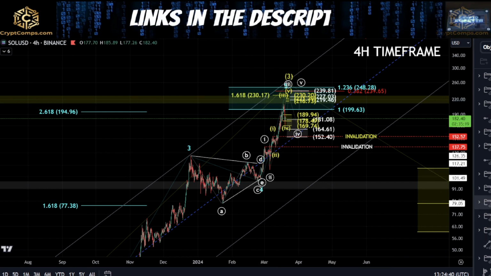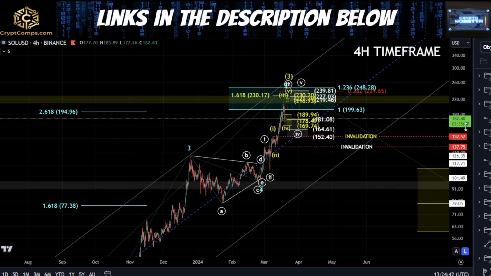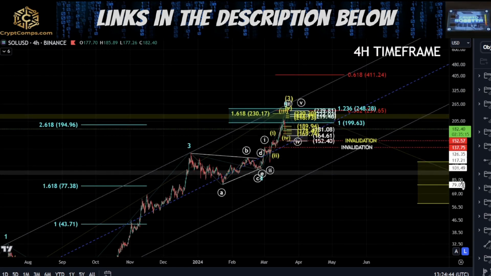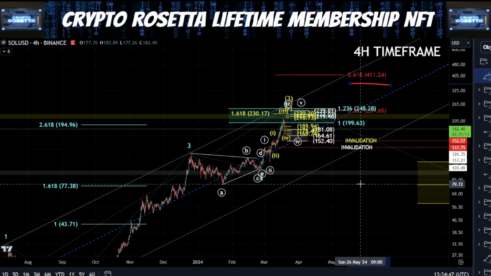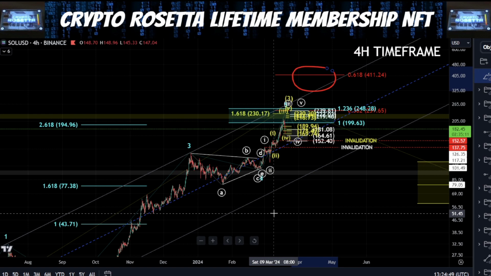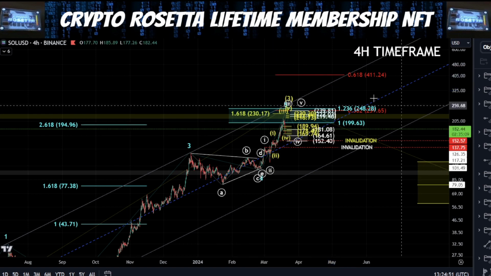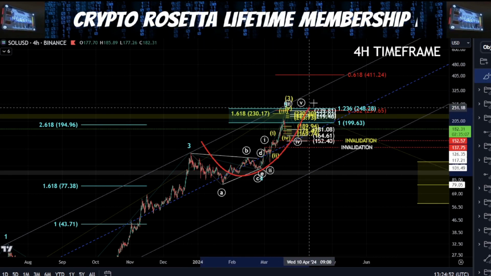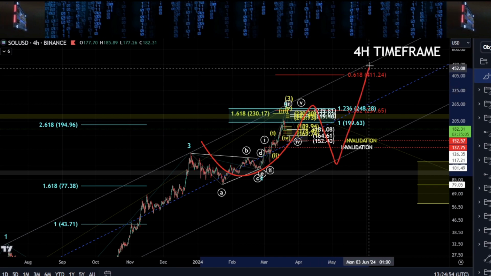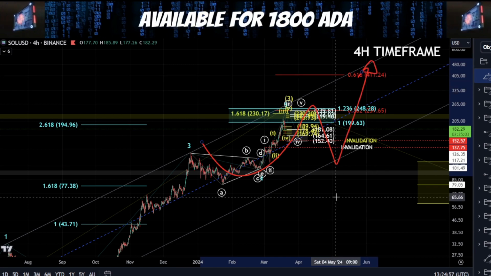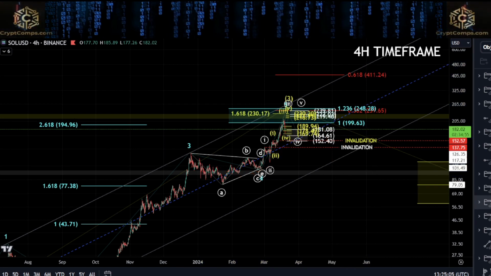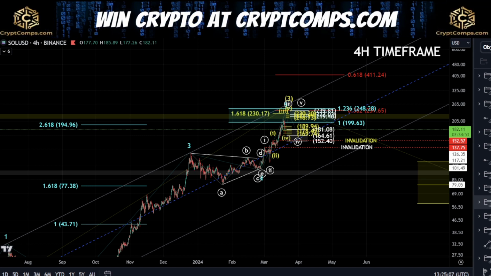But like I said, I would be looking out for that possibility of seeing price hit some of these higher zones. 411 would align quite nicely with coming back into the top of the channel. So I'm going to be keeping an eye on that. If we do see something like a flat here, this could then align with seeing this push up into this level one more time. From there, we're going to have to continue to watch how the waves develop.